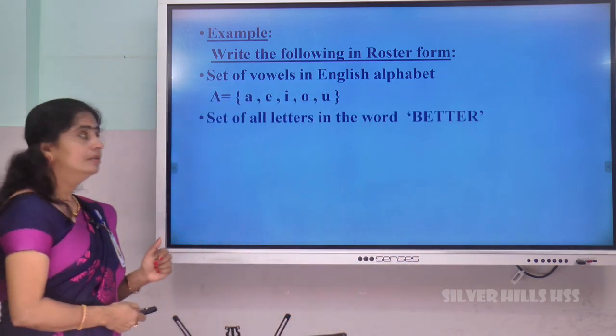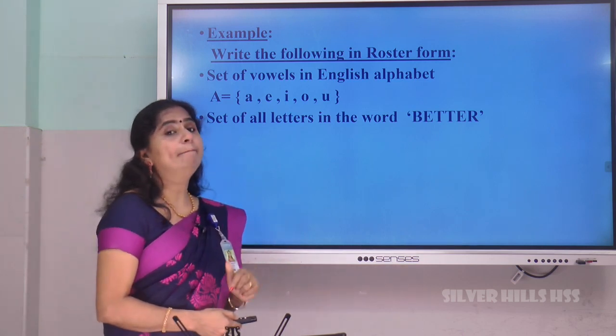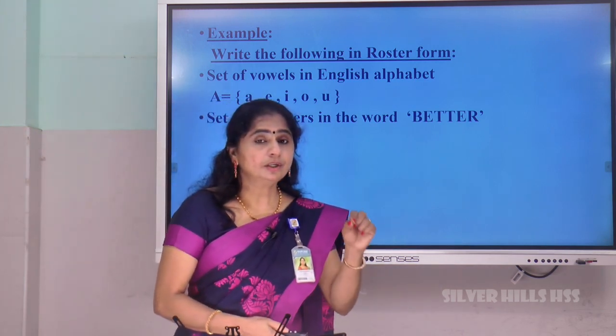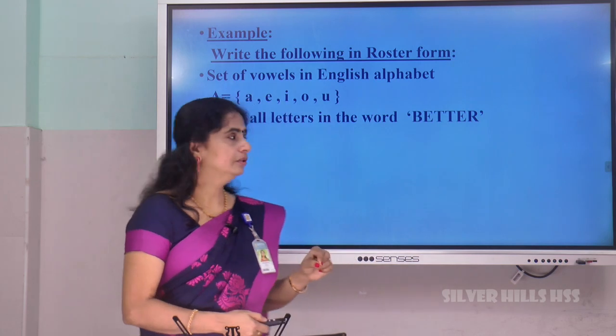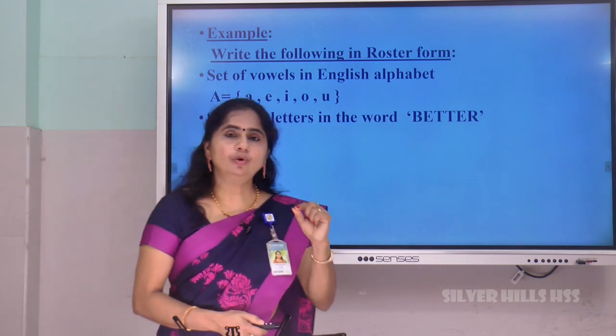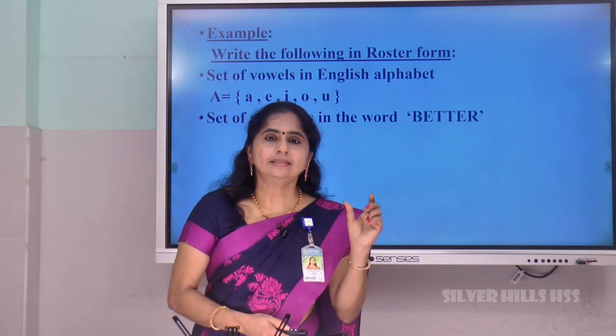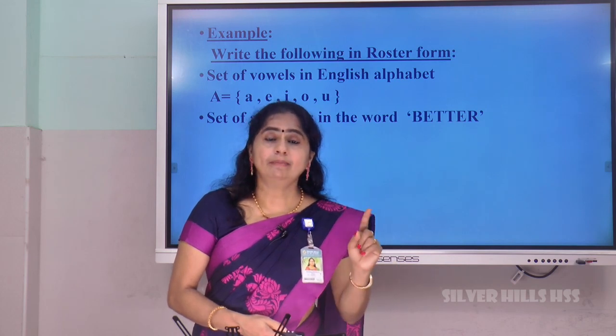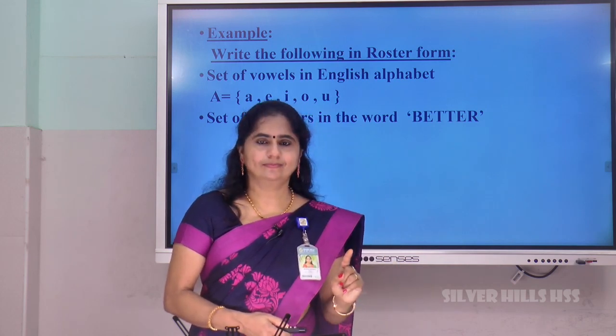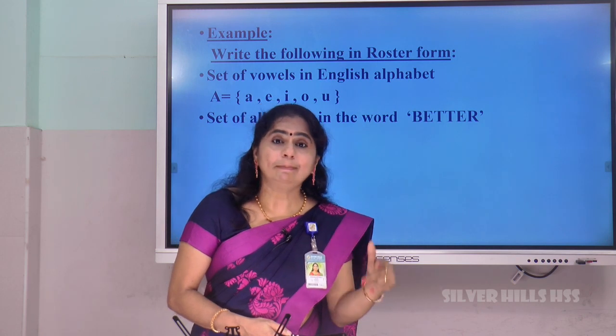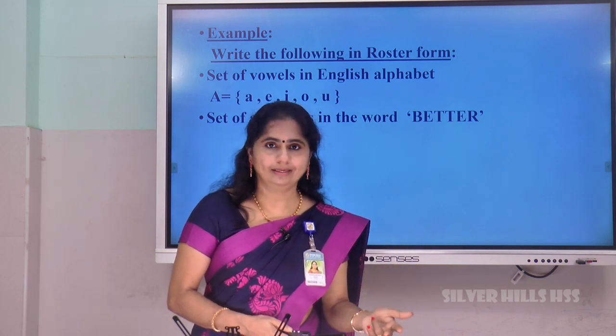Next example, set of all letters in the word BETTER. You have to note down one thing: in the set, an element comes only once. We need not repeat the element twice or more than that.